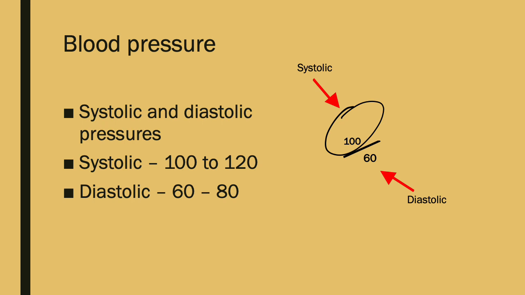Now, the blood pressure is important because it can tell you if you are dealing with a patient that is suffering from hypertension, or if you're dealing with a patient that is suffering from hemodynamic shock or from hypovolemic shock.